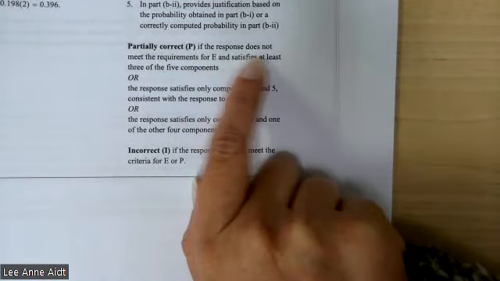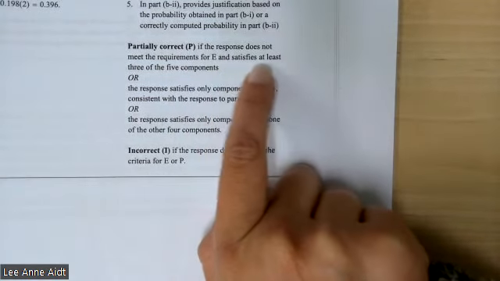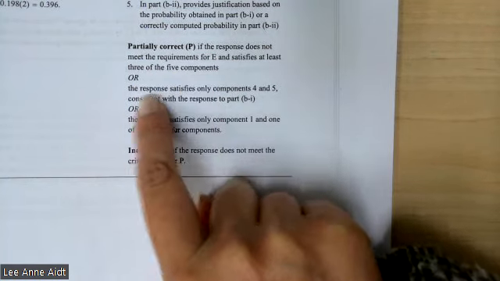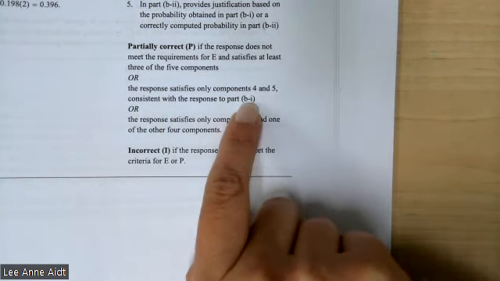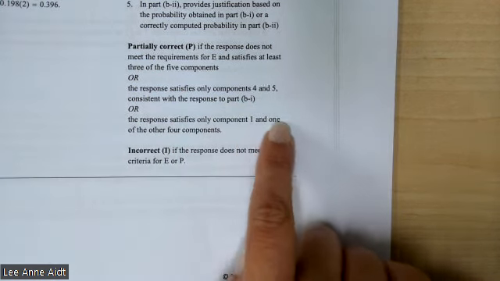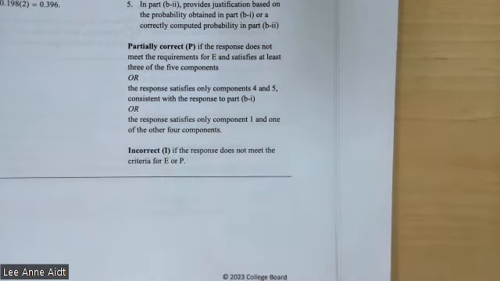So you can get a P if you have any 3 of the 5 components, or if you got 4 and 5 only, or if you got component 1 and 1 of the other 4. I kind of feel like this is one where you got it or you didn't, so I don't know. Okay. C.